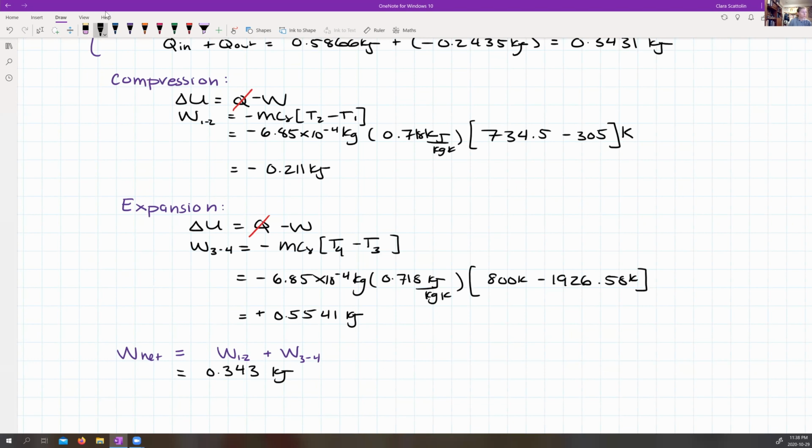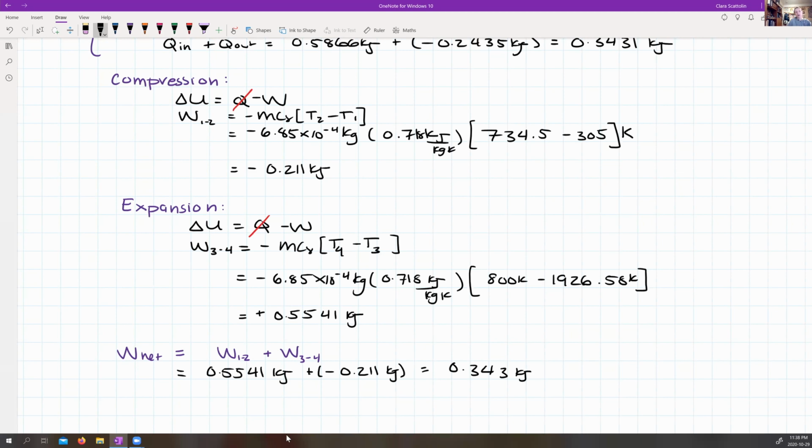I'm skipping steps, but it should be 0.5541 kilojoules plus a negative 0.211, which will give me 0.343 kilojoules.